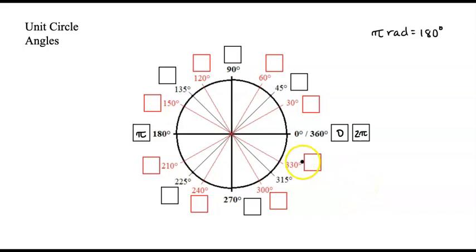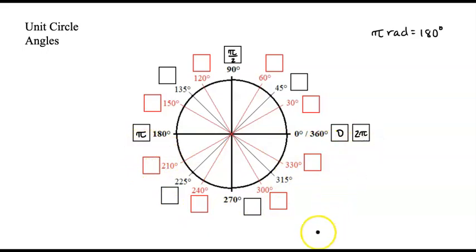Okay. And so now what about our other angle measures? Well, we know that this 90 degrees is halfway between 0 and 180. So I can just call that halfway between 0 and pi, which is pi over 2. All right, and in the same way, 270 is halfway between pi and 2 pi, because we're going around the circle counterclockwise.